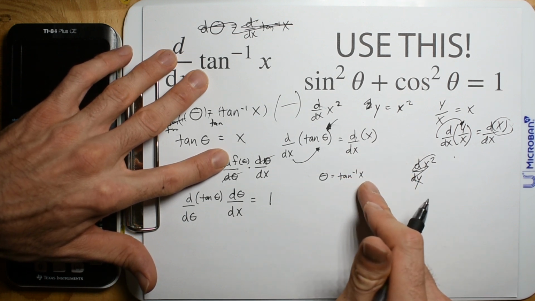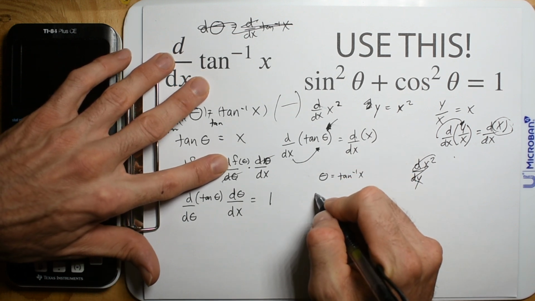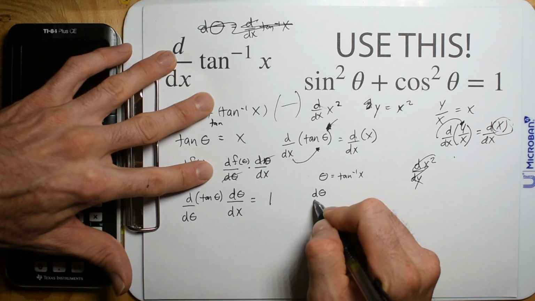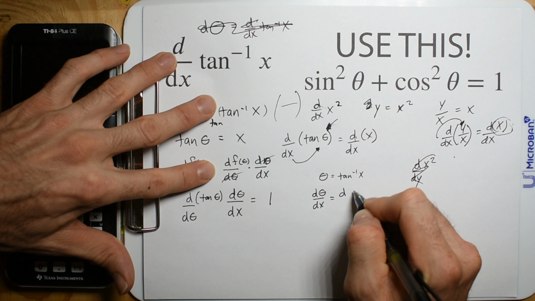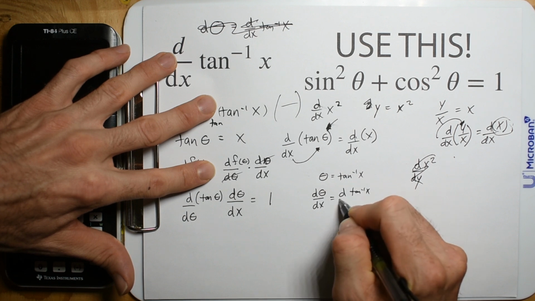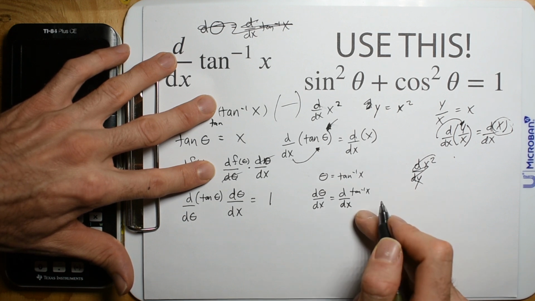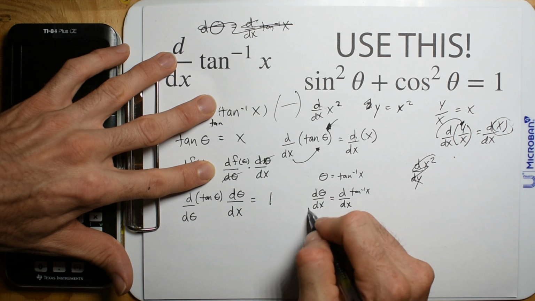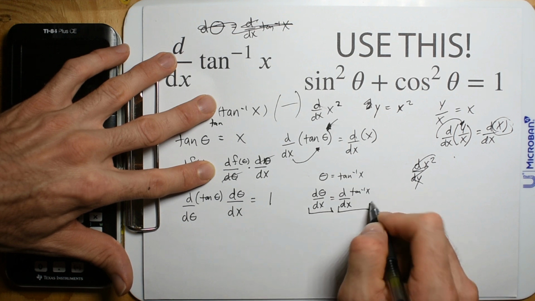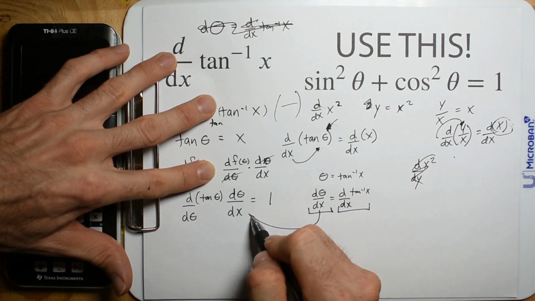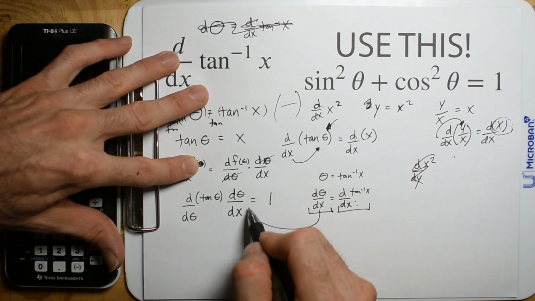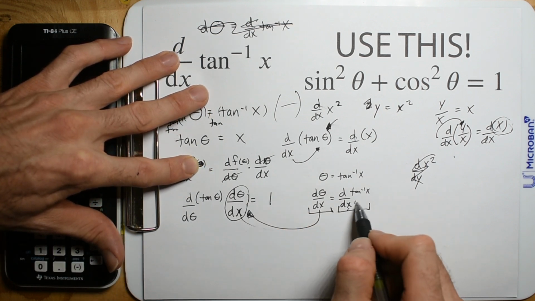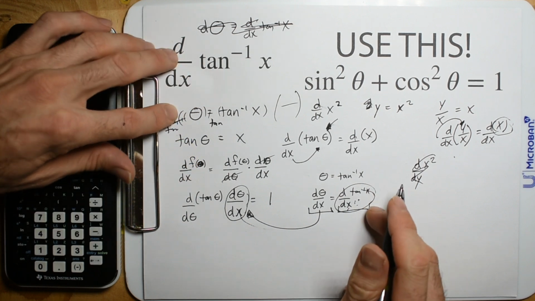The angle is equal to inverse tangent of x. So the derivative of this angle with respect to x is equal to the derivative of inverse tangent with respect to x. Cool. And we can see that these two things are the same. And then right here we can see that we have that thing, is this thing. So if we solve for this thing, we do get that. Hell yeah.